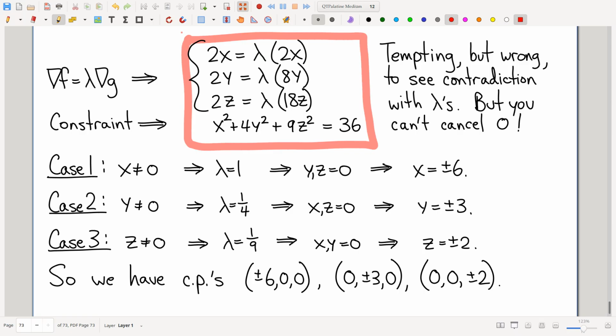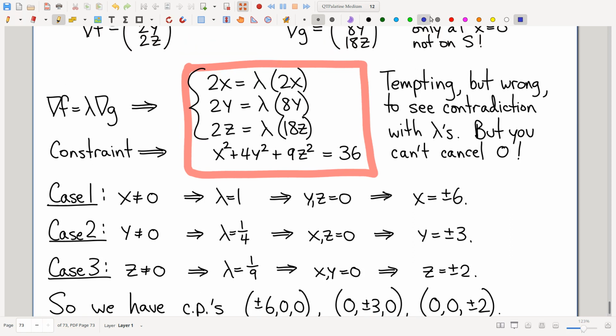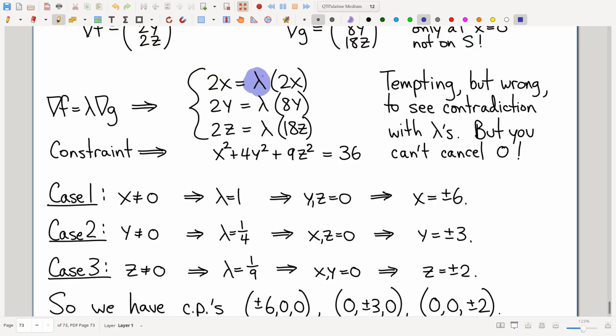Let me show you the wrong way to do this first. Dramatically wrong, hilariously wrong. A lot of people would say, well, check it out, lambda clearly has to equal 1. Oh, but wait a minute, lambda also clearly has to equal a 4th. That's a contradiction, no solutions. Everybody see the lure?